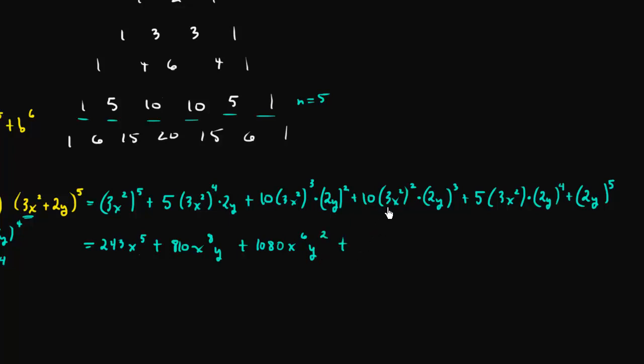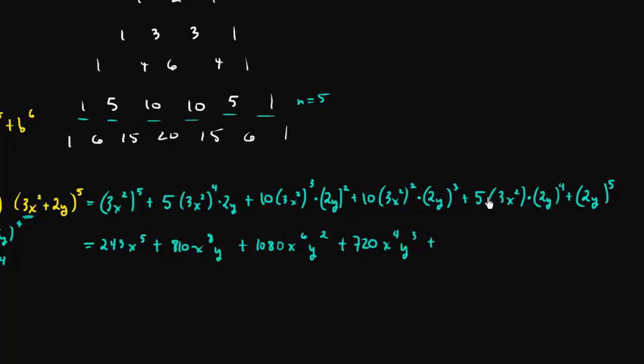In the next term, we'll have 10 times 3 squared times 2 cubed. So 10 times 3 squared is 9, times 2 cubed is 8. So this will be 720 is the coefficient on that term, and then we'll have x to the 4, y to the power of 3.